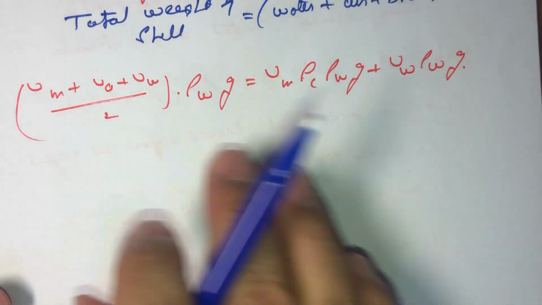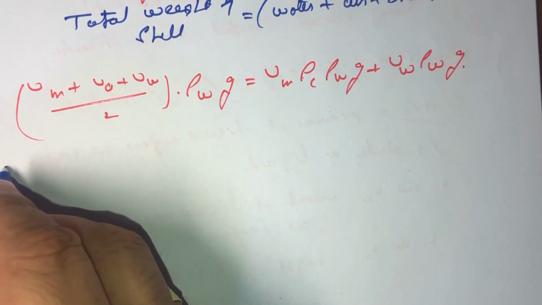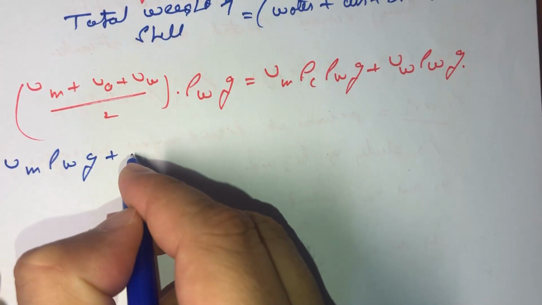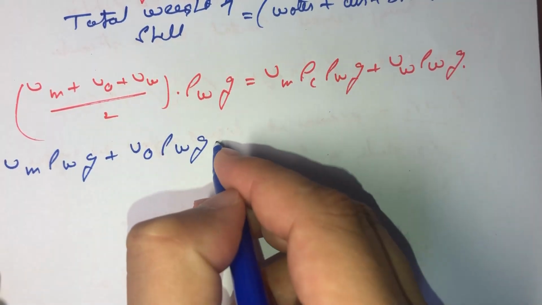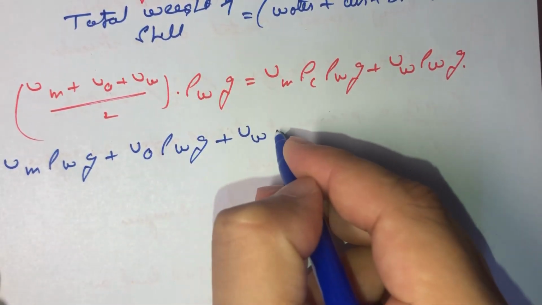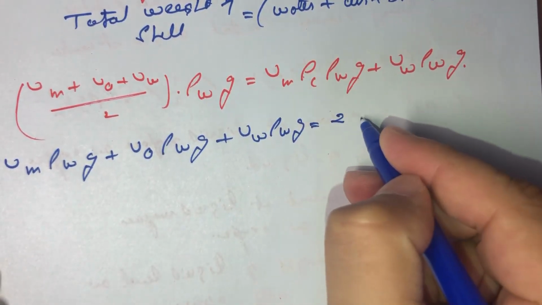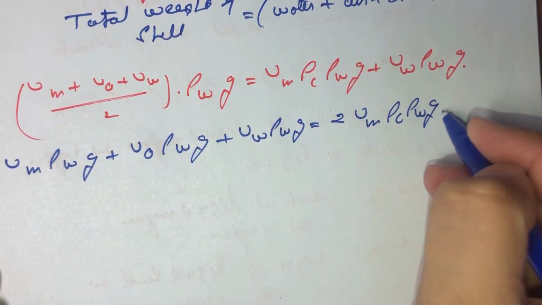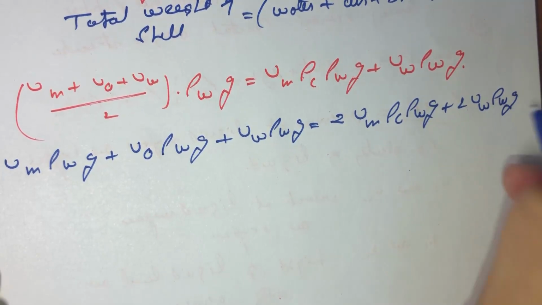We open the bracket and solve it, so we get Vm rho Wg plus Va rho Wg plus Vw rho Wg is equal to twice Vm rho C rho Wg plus twice Vw rho Wg.